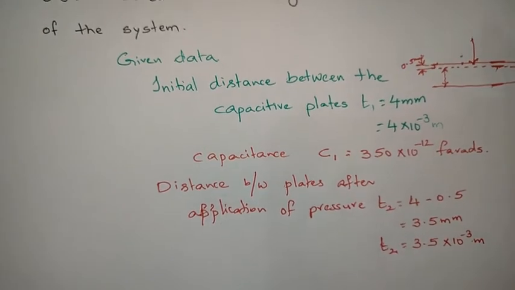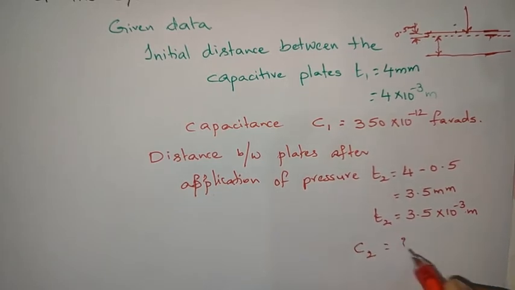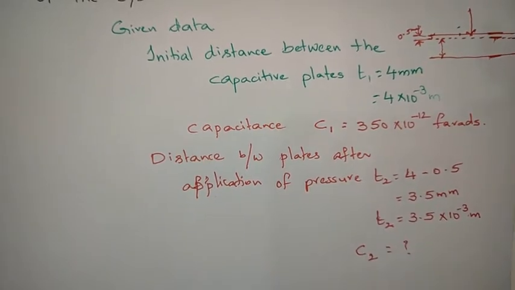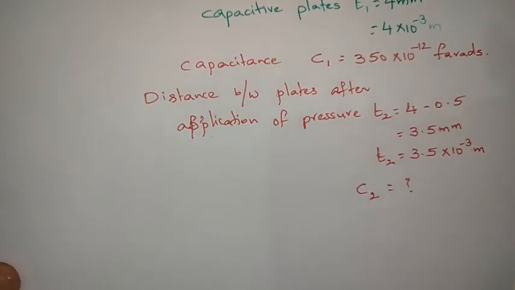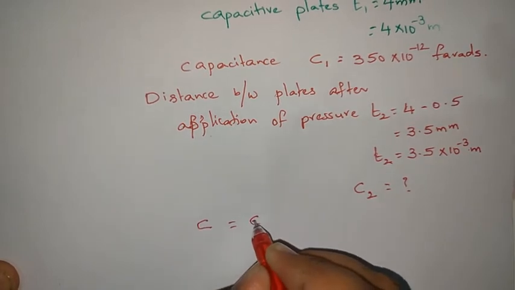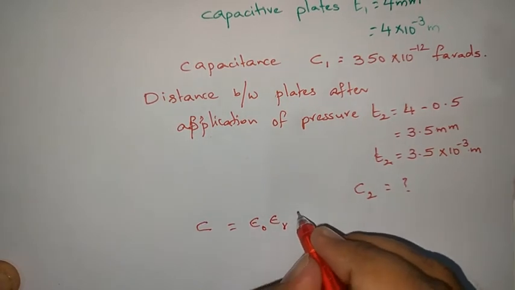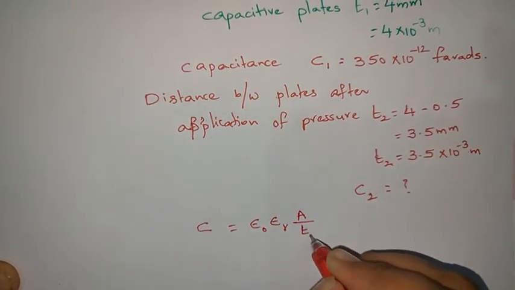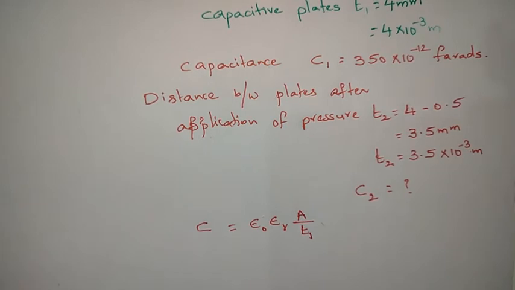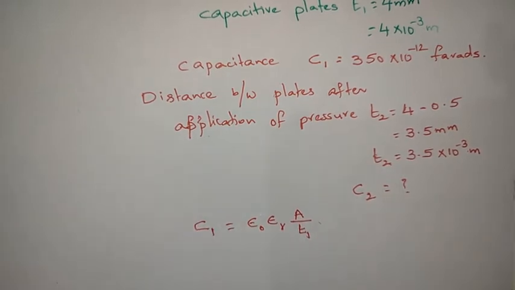Then he is asking us to find the capacitance of the system after application of the pressure. That is C2 we need to find. So what is the formula for a capacitive transducer? C is equal to epsilon naught into epsilon r into A by T1, right? So now first let us apply this formula when there is no application of pressure. Then C1 equals epsilon naught into epsilon r into A by T1. So substitute the values.